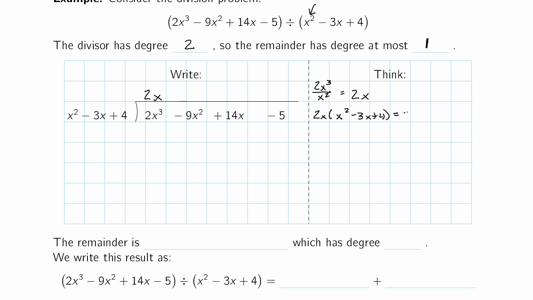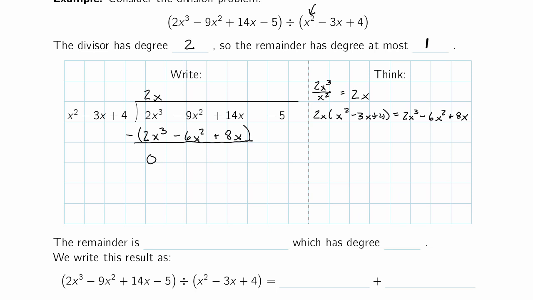That'll be 2x to the third minus 6x squared plus 8x. Write that underneath. And now we'll subtract. 2x to the third minus 2x to the third is 0.